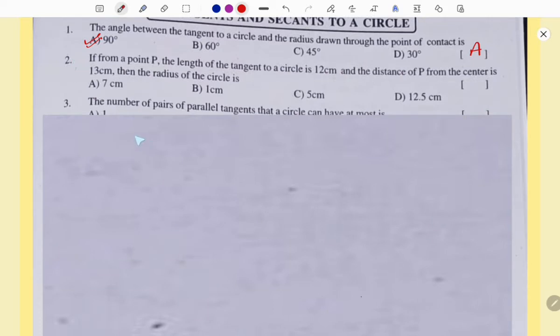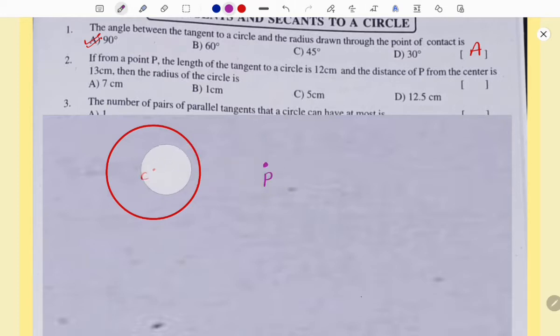Before going to the explanation of the bit, this is the circle, and this is the center C. Now I take one point P. What about P with respect to the circle? It is an external point. From this external point, you can draw how many tangents?